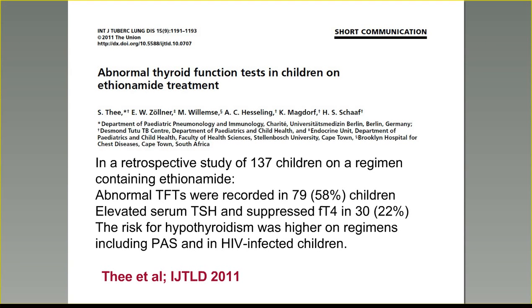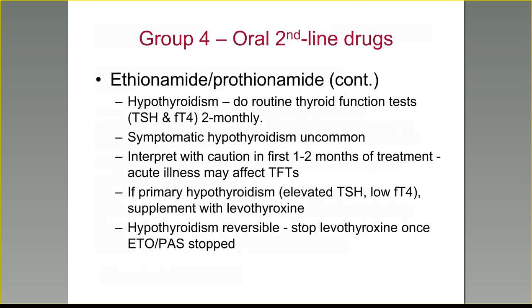It's important to understand that thyroid function abnormalities can be present already before you start the treatment with ethionamide, and the other drug, paraminosalicylic acid, can also cause thyroid dysfunction. Therefore, it's important that we get a baseline thyroid function before we start the treatment.